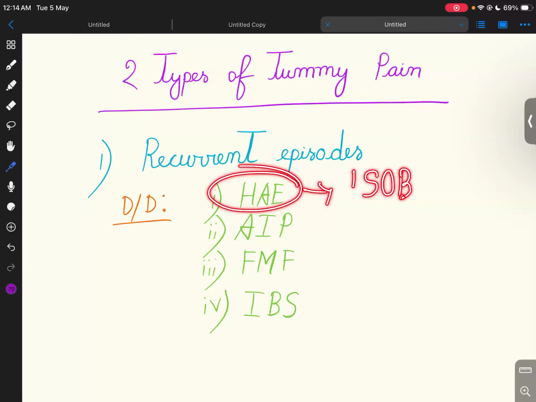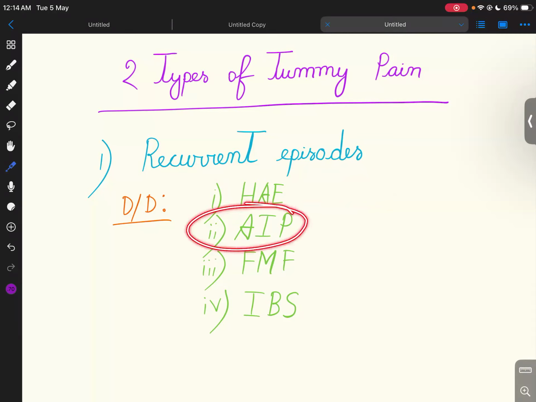So to rule out hereditary angioedema, first you have to ask, during the episode of tummy pain, do you have breathing issues? If he replies yes, then this is a case of hereditary angioedema, and be careful of the family history, because he or she is going to give you some clue from there that one of his father or mother or one of his sisters or siblings has the same type of tummy pain.